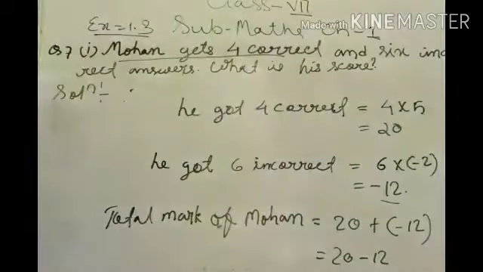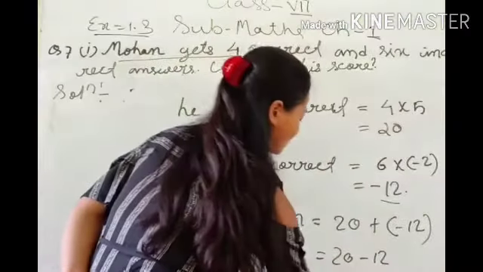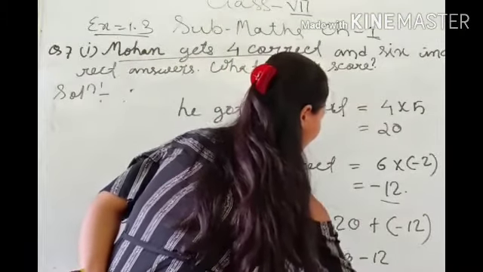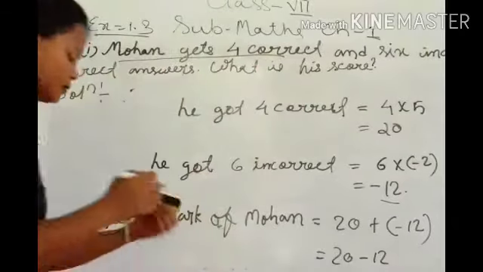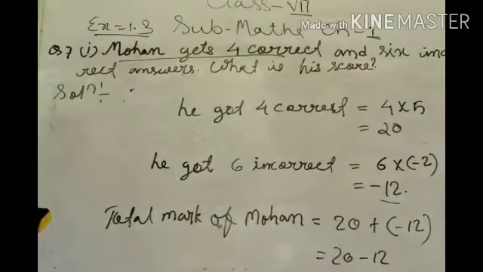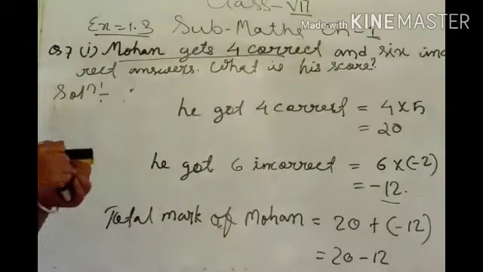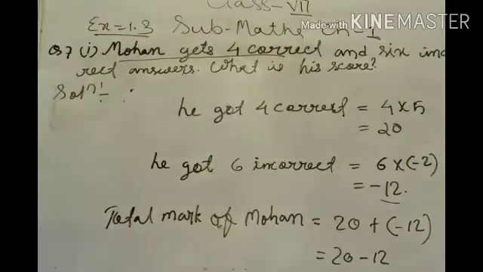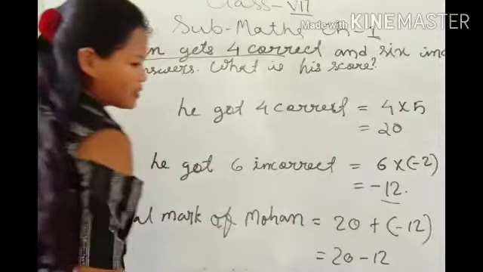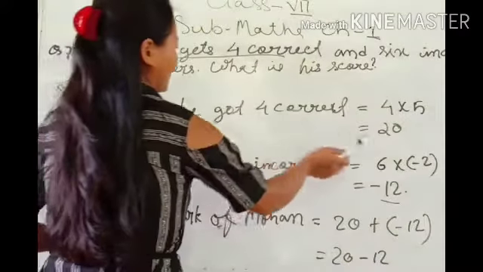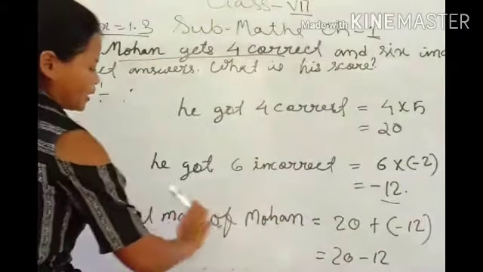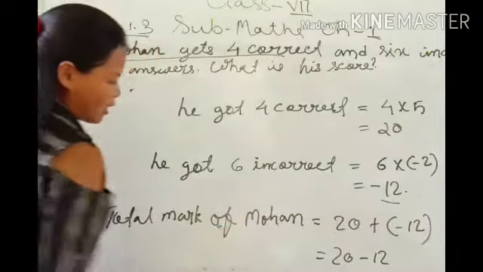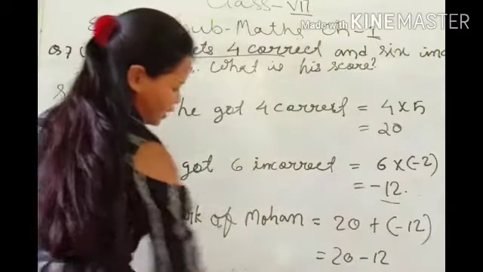So the total marks of Mohan is 8 marks. Only 8 marks. Now from here you can see in your exam, if you know the right answer, then only solve it. If you make mistakes, you will get minus marks. So for correct answers, he got 20 marks, but he did so many wrong answers, so it became only 8 marks.